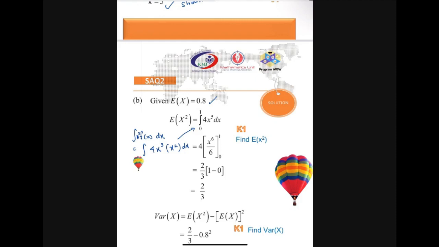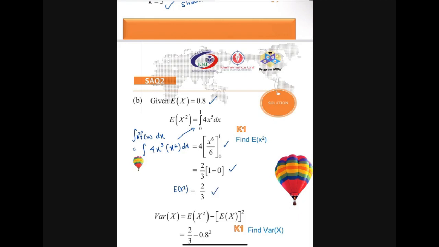That's how we get our original formula for this question. We have to integrate from the limit in the question from 0 up to 1, 4x to the power of 5 dx. Okay, directly integrate. That's how we get x to the power of 6 over 6, and then substitute with the limit. So our E(X squared) value in this case would be 2 over 3.